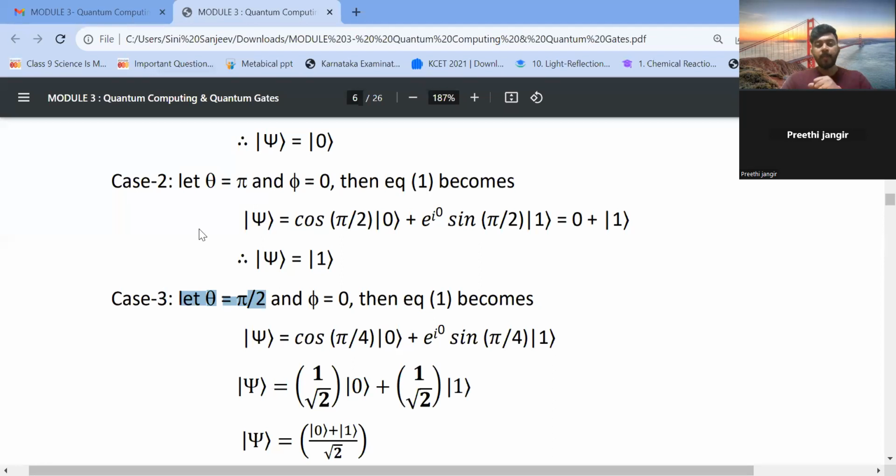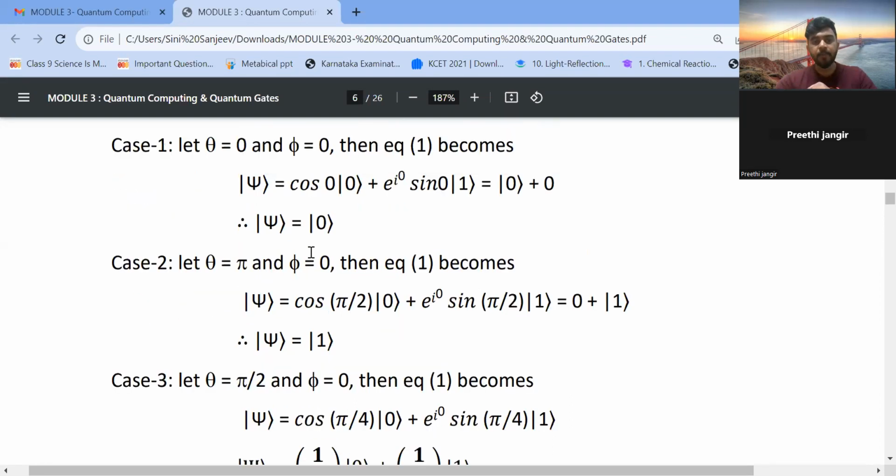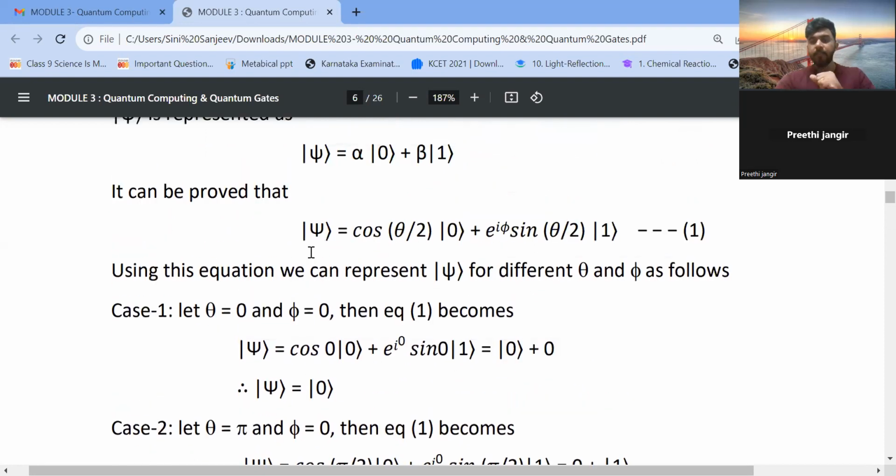Yeah, so coming back to the class, I'm only substituting all of these values in this equation. Psi equals cos theta by 2 of 0 plus e power i phi sin theta by 2 of 1. Simple things only.